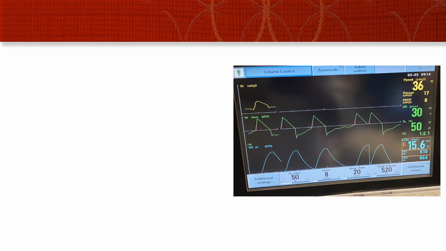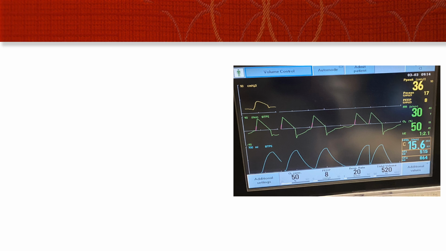Here's another example of a volume control mode of ventilation, and there's three flow waveforms shown here. Unfortunately, when I took this picture, I didn't capture the pressure waveform for this event. But on the right, you see two breaths that are both triggered by the patient.